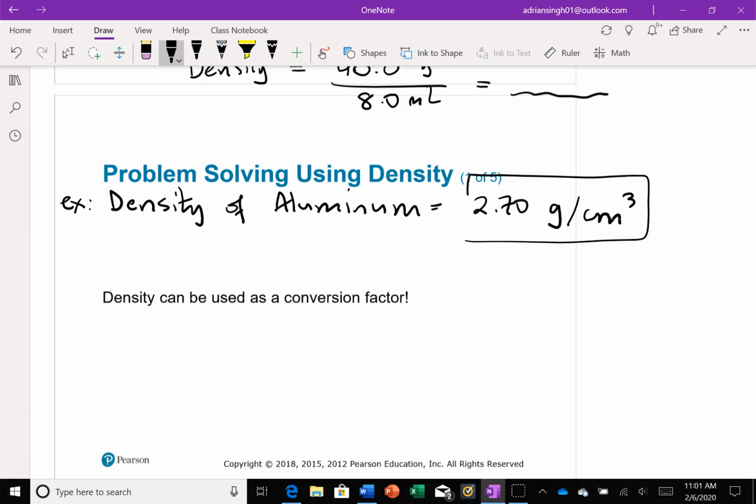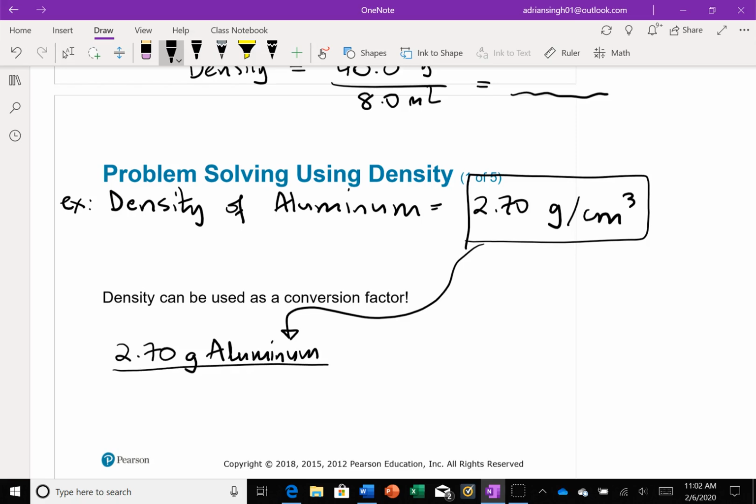This here is something that we can use as a conversion factor. So this is telling us that 2.70 grams of aluminum, or aluminium if you want to pronounce it that way, is the mass of 1 cubic centimeter.